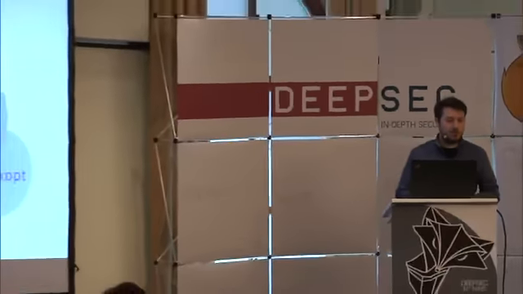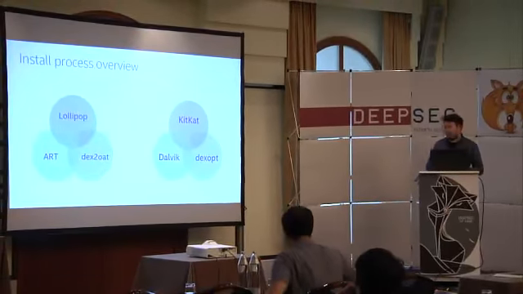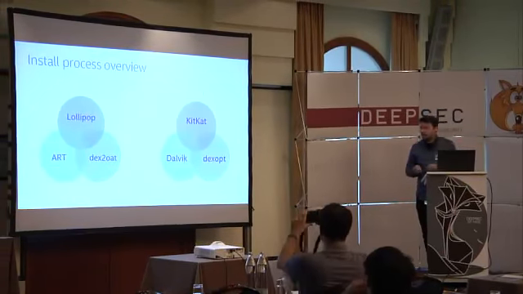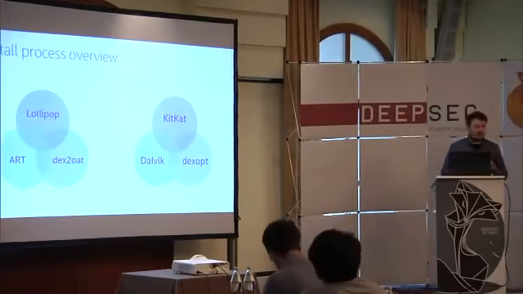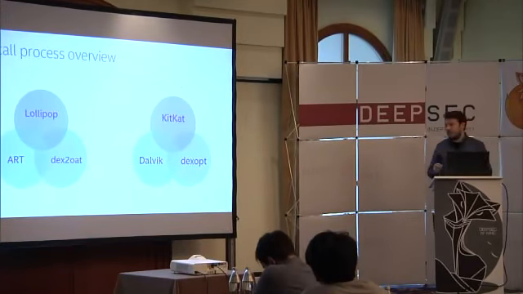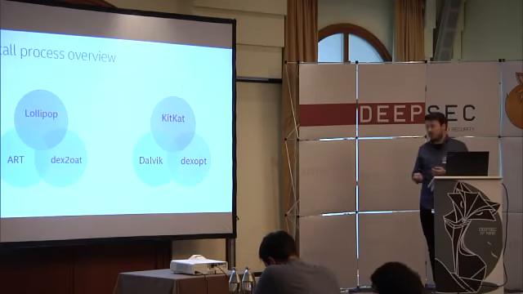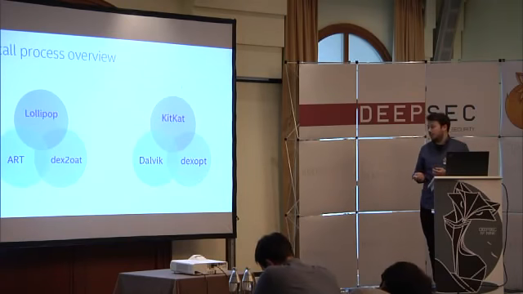We've identified two approaches that can be used. The approaches are different because the newer Android versions have switched the Dalvik virtual machine with the Android runtime. So going through all the steps that are taken at the system level to actually install an application onto the device, we found that the most interesting components from a fuzzing perspective would be, in the case of ART, the dex2oat component, and in the case of Dalvik, the dexopt component.